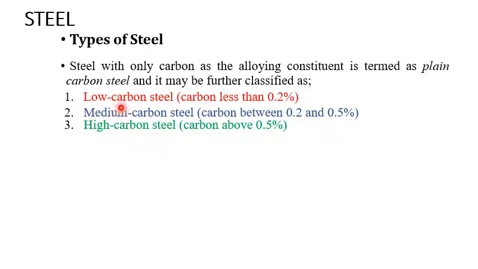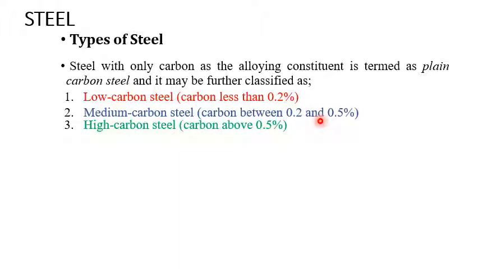Normally, for general purposes, we use low carbon steels with 0.2% carbon and medium carbon steel, with carbon content between 0.2 to 0.5 percent. Whenever we add carbon to the iron, we call that one a steel. But carbon alone will not change the properties of a steel to a greater extent.